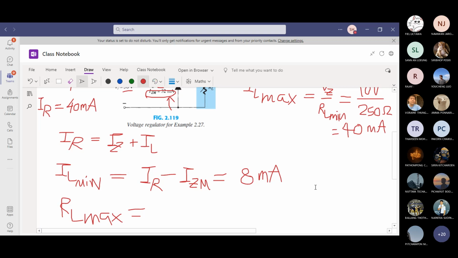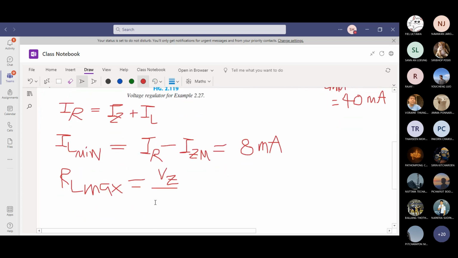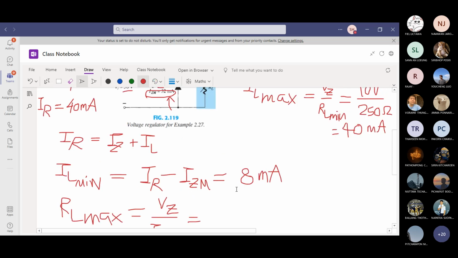Can we use the VZ divided by IL min? Absolutely. VZ will be the load voltage when the zener is on. You divide it by the minimum current, it will give you the maximum. You divide something by minimum, you're going to get the maximum. This is IL minimum. That's the only way to find out RL max. So what's the value?